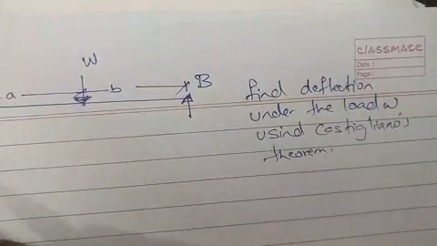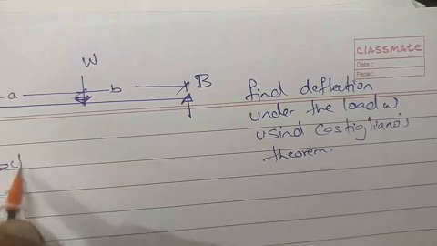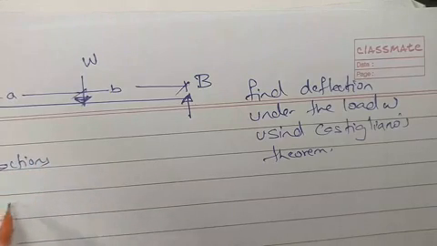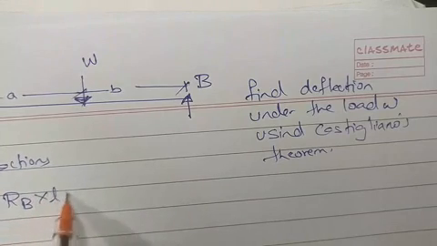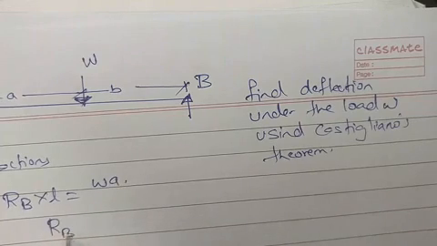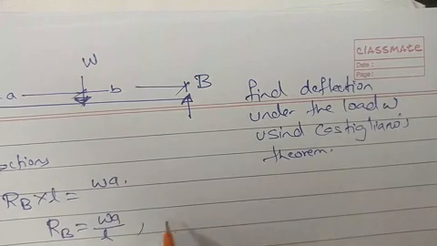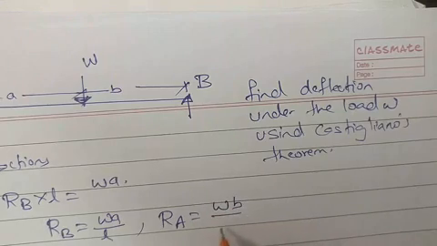Here simply supported, we will find reactions. So RB into L is equal to W A, RB is equal to W A by L, and RA is equal to W B by L.